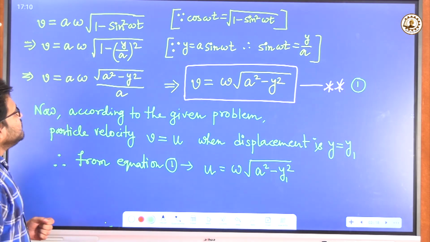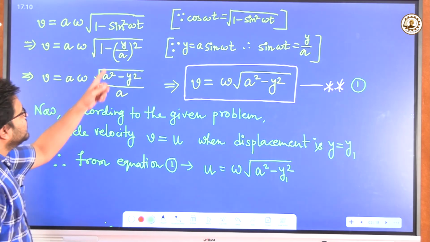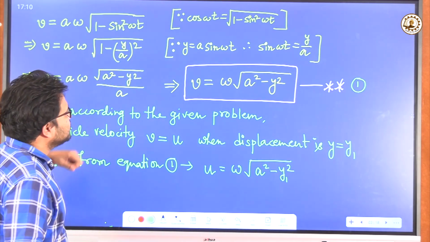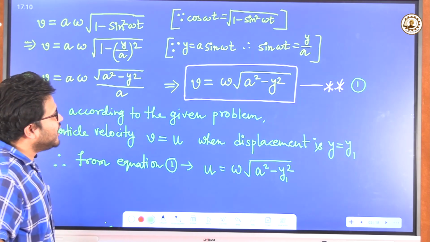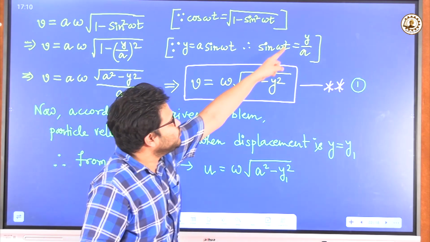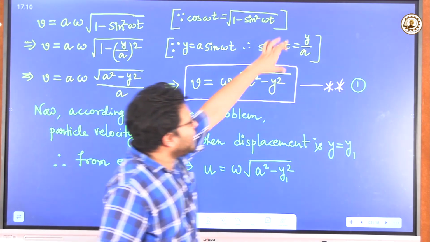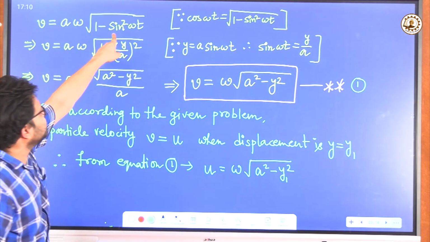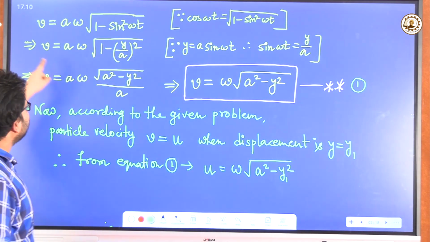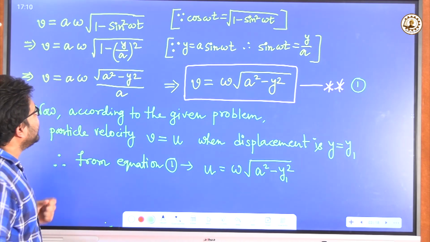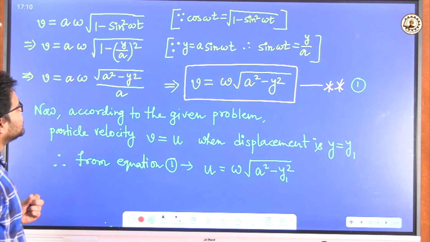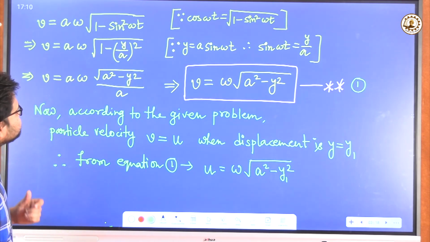In the next line, I am substituting the value of sine omega t from the equation y equals a sin omega t, therefore sine omega t equals y by a. Putting y by a in the position of sine omega t, we have v equals a omega root under 1 minus (y by a) whole square.